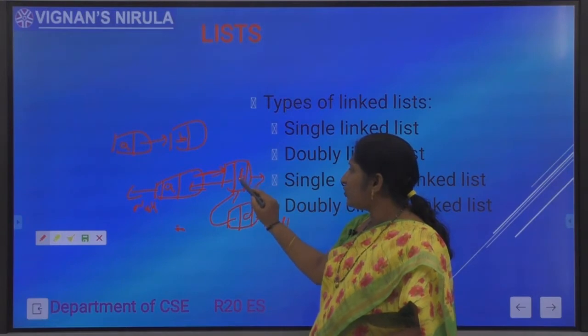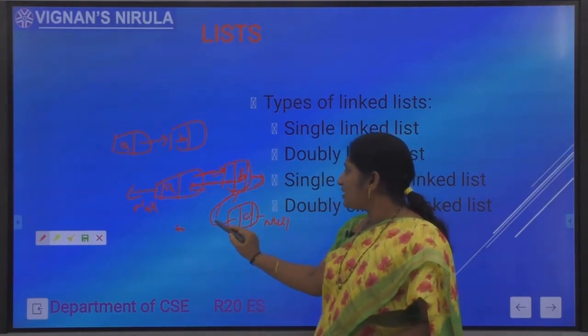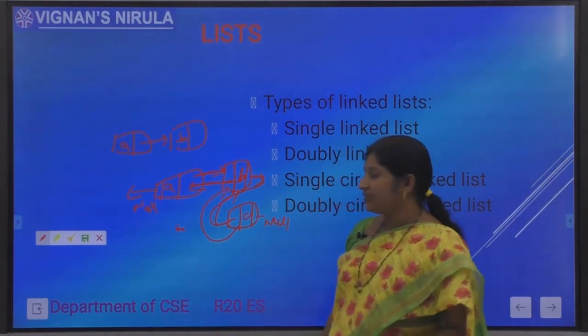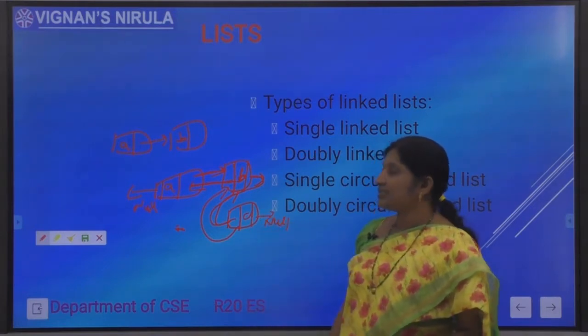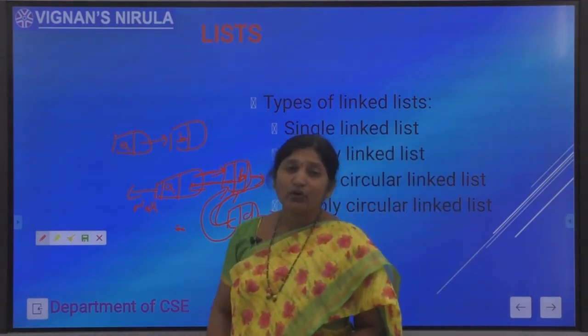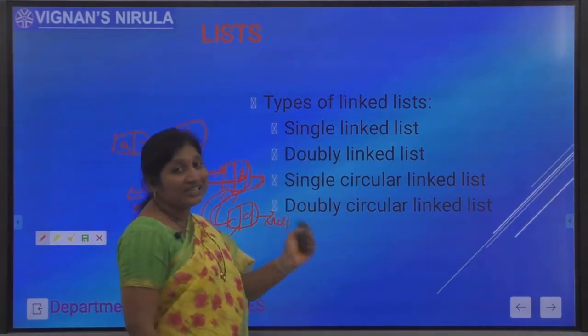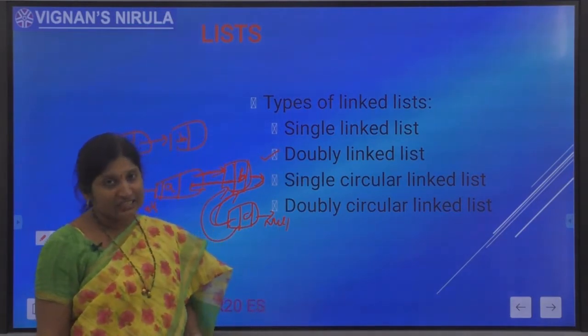Coming to the second node, what is the previous node of B? A. The next node of B is C. The previous node of C is B. The data part is C, and the next node of C is null. In each and every node, if you have two links, a link for the previous node and a link for the next node, that type of list is called a doubly linked list.